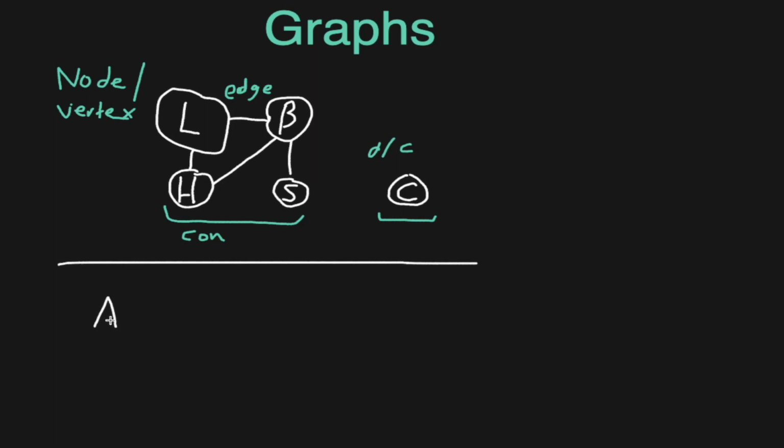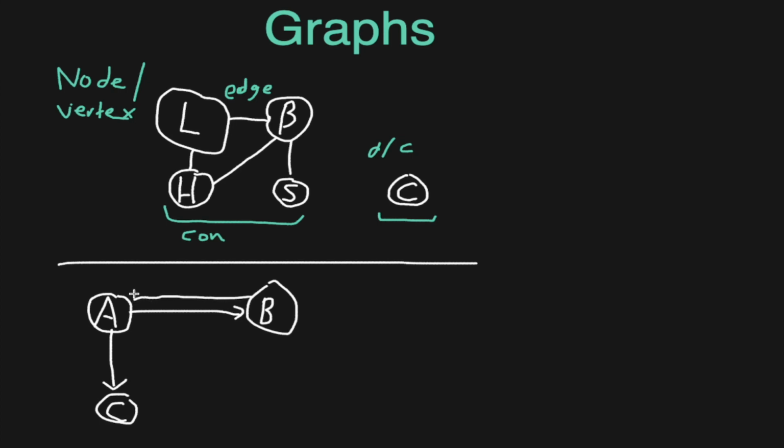Let's say we have an airport A, and we have an airport B, and we have an airport C. Airport A might fly to airport B, and airport A also might fly to airport C, and then airport B might fly to airport A, but airport C doesn't fly back to airport A, and airport C might fly to airport B, but B won't fly to C. So this can happen.